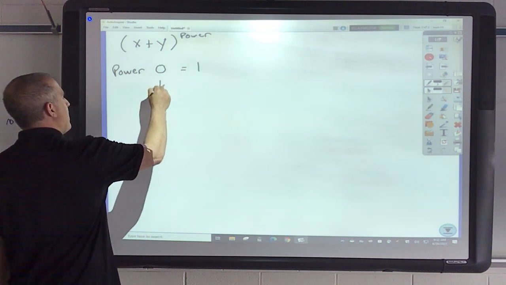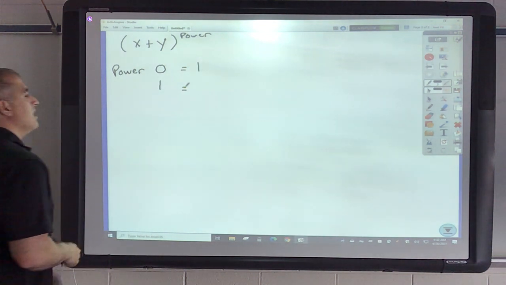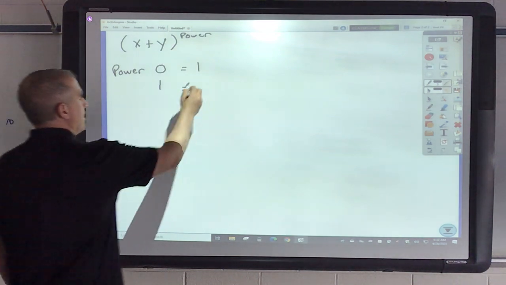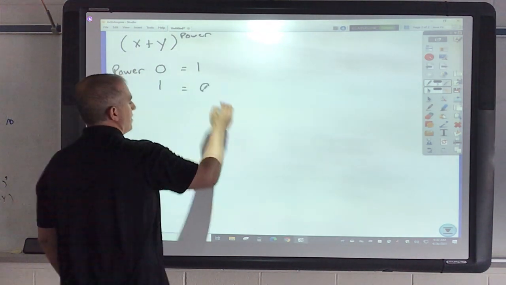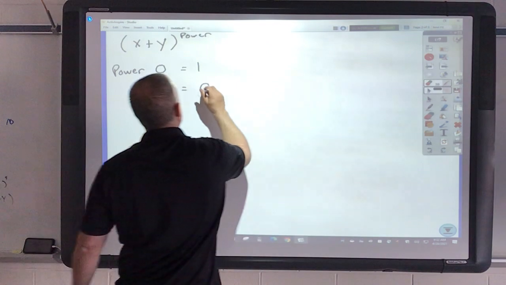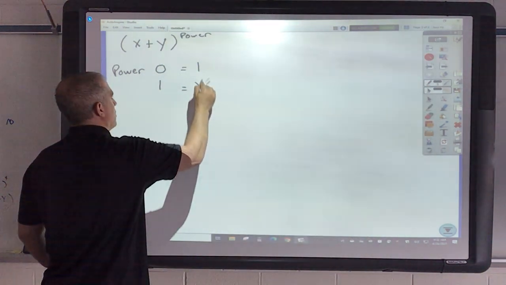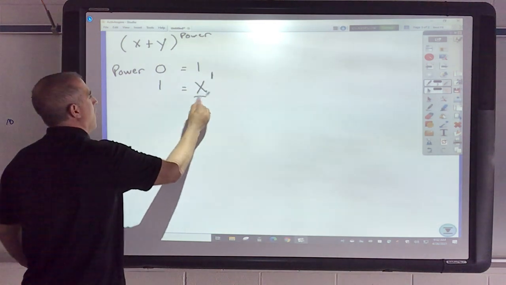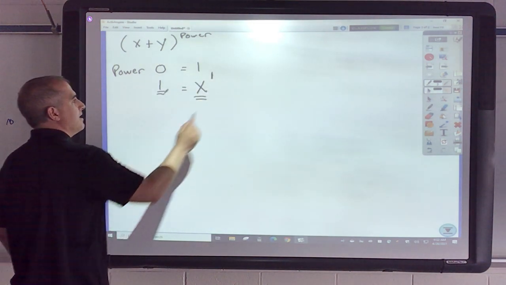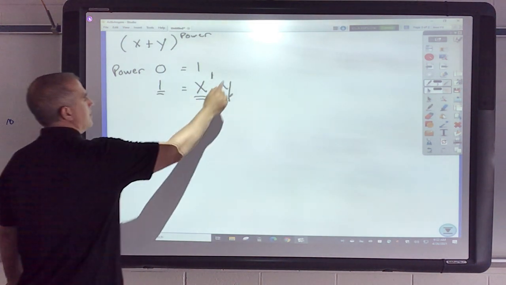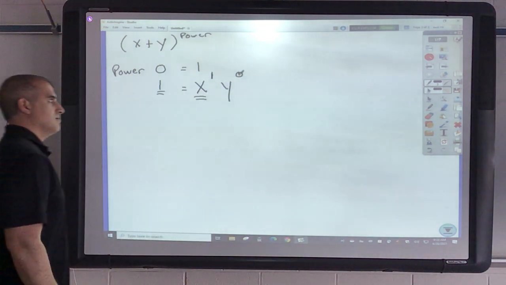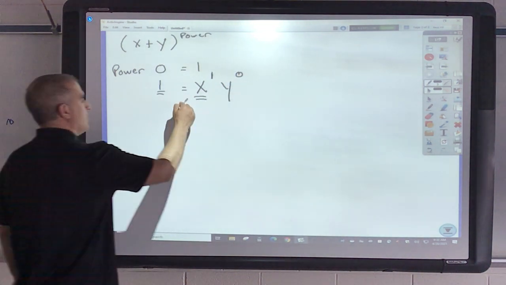Now, when you have a power of 1, here's what you have to understand: the first term always starts with whatever the power is, and the second term starts with 0.